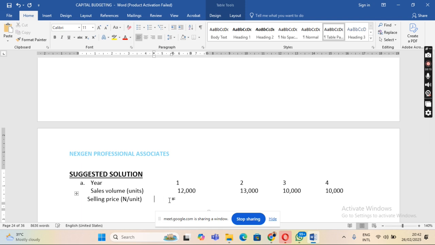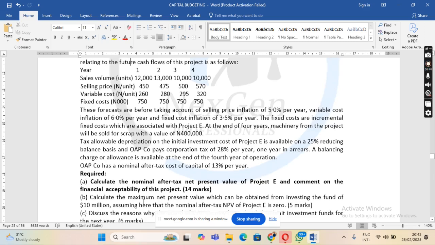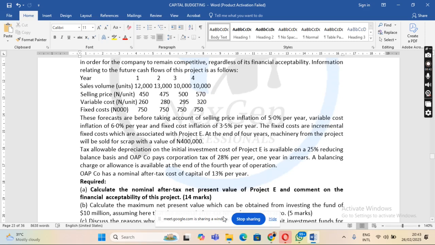So we can have a 5% increase. You increase the sales by 5%, selling price by 5%. Now quickly, class, let's get that. Okay, what is the figure?